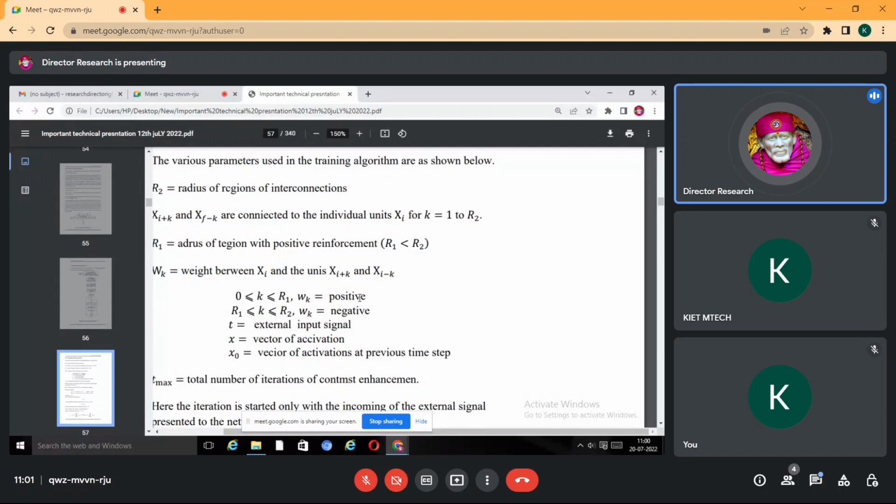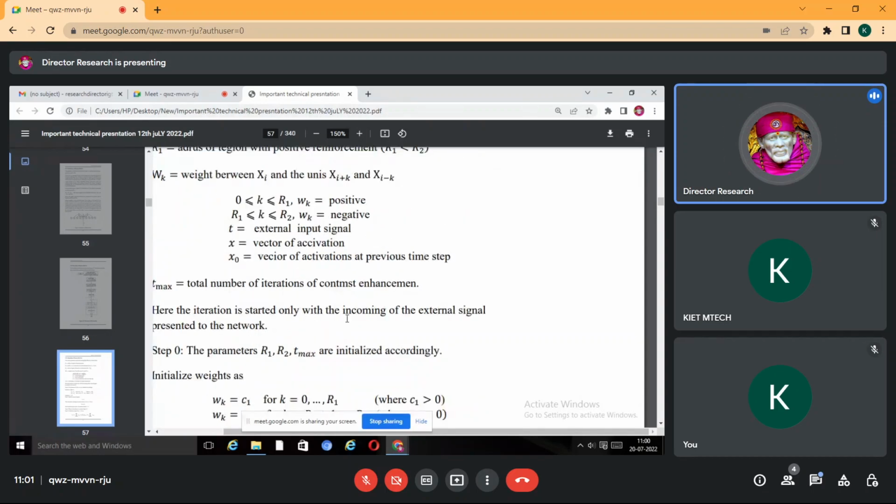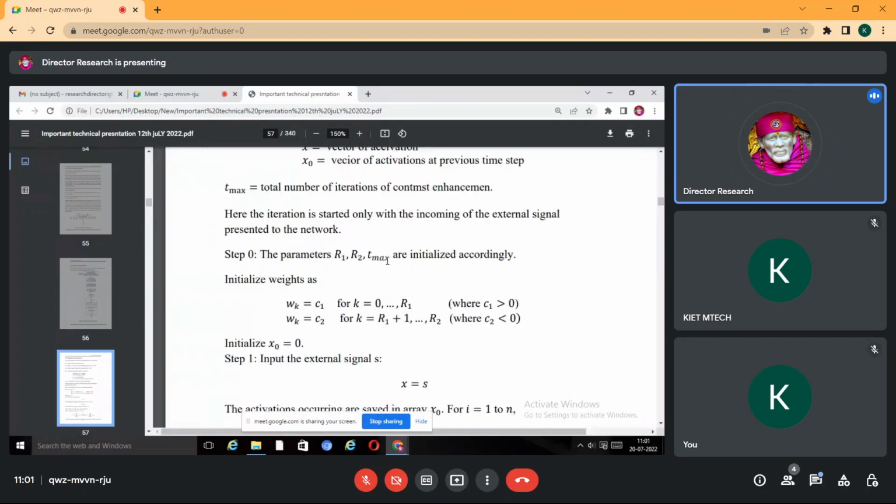Weights between Xi and Xi plus k and Xi minus k. Signal X, vector of activation in the previous time step. Tmax is equal to the total number of iterations of contrast enhancement.